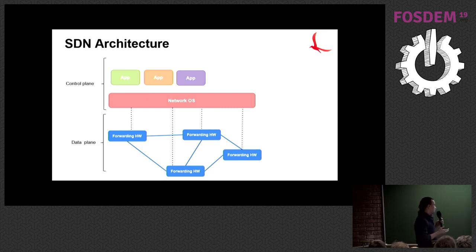To summarize, there is the forwarding hardware functionality, which comes from the hardware vendors. I also work for a hardware vendor company, so I'm coming from that side of the software stack. Then there is a network operating system, and then applications on top of that platform, which can implement all kinds of functionality.